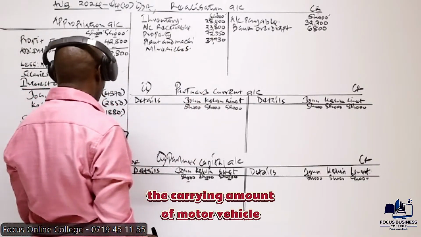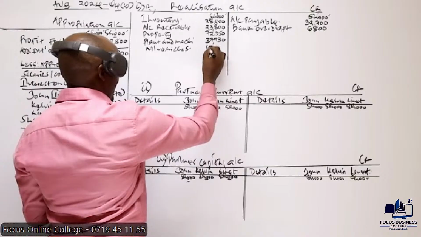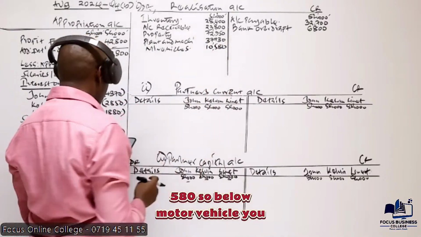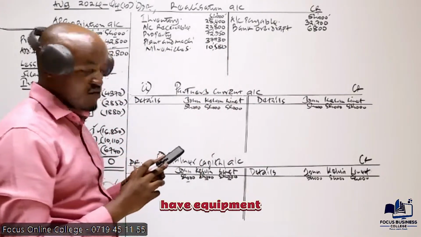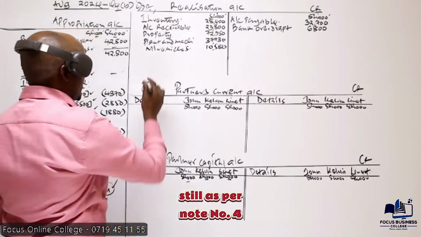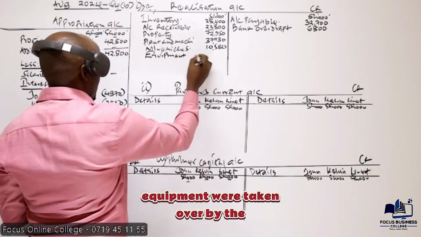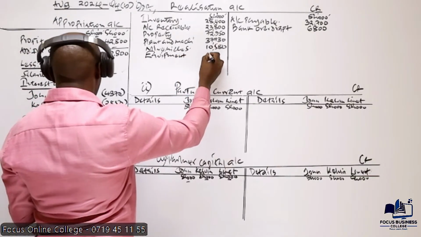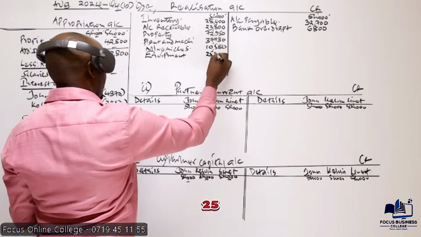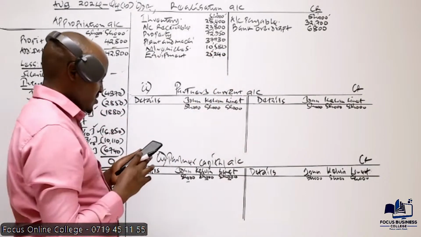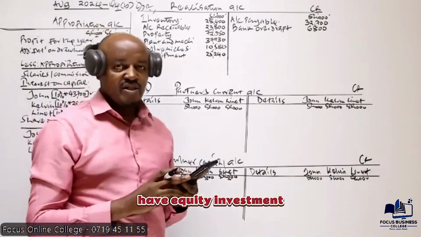The carrying amount of motor vehicle is 10,580. Below motor vehicle, we have equipment, also taken over by the new company. The carrying amount for this is 25,240. And from there, we have equity investment.